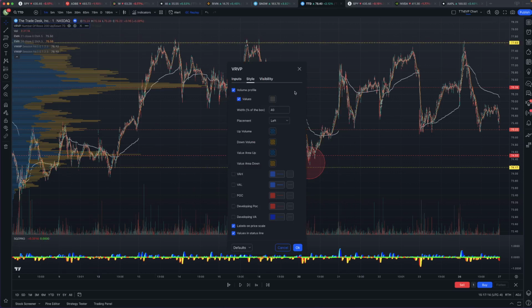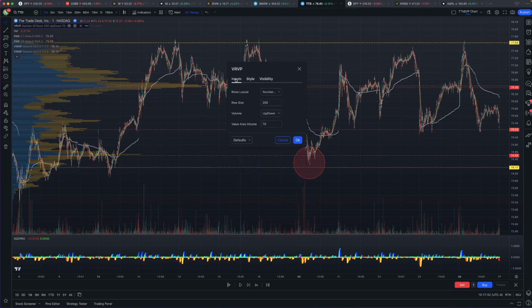If you want to take a screenshot of that. And then more importantly, that's the style. So 40, I place it on the left. I actually have the point of control in there as a dotted line, just so it gives it to me automatically. And then my inputs, and this is where you get the more detailed volume profile levels, I have set at 200. So you can take a screenshot of that if you want to as well.